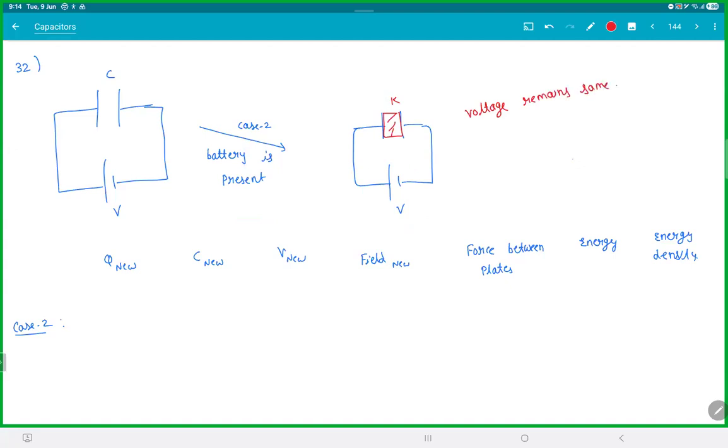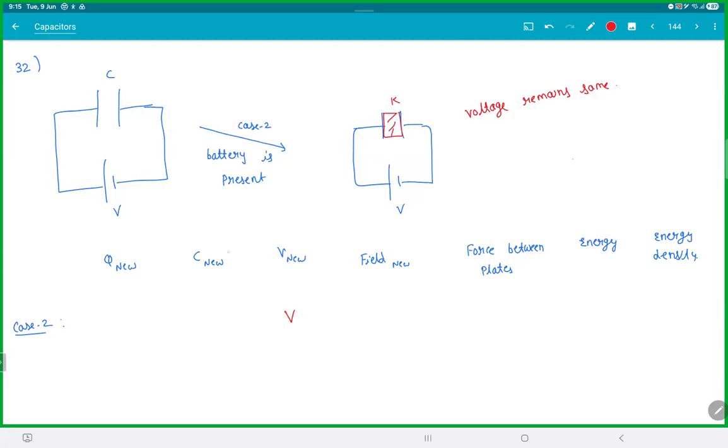So let's see how to handle that. Okay, let's see. The voltage will remain same.